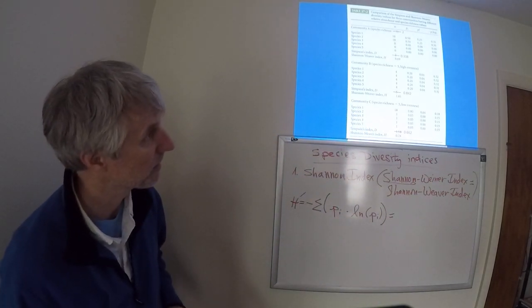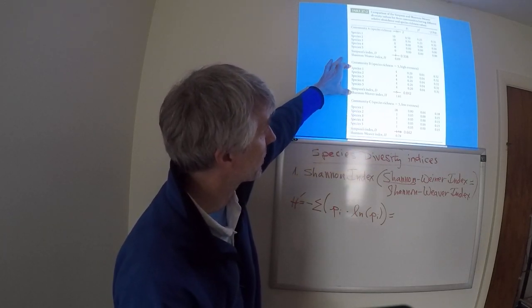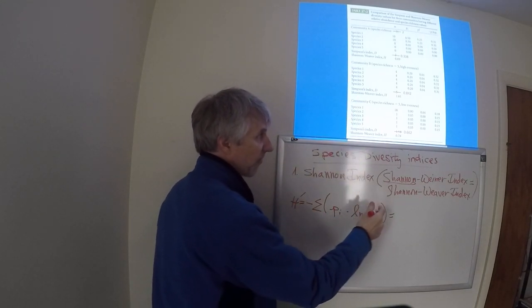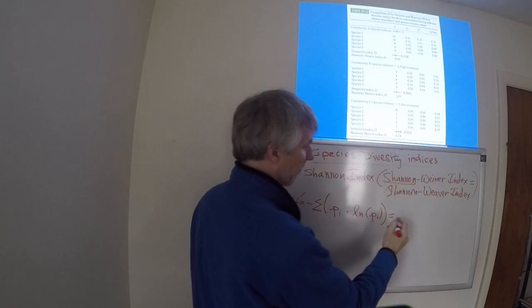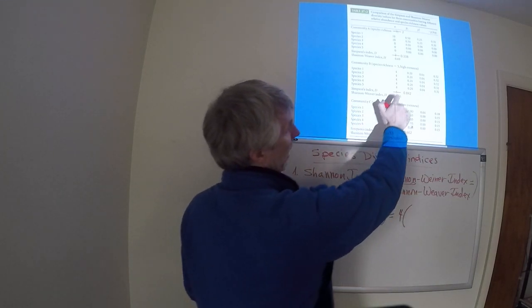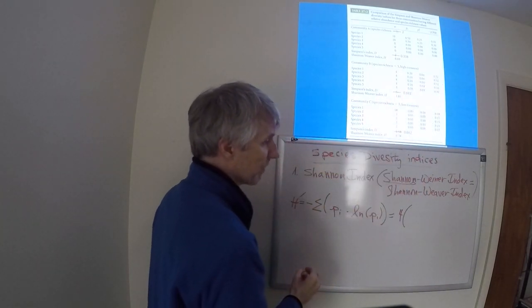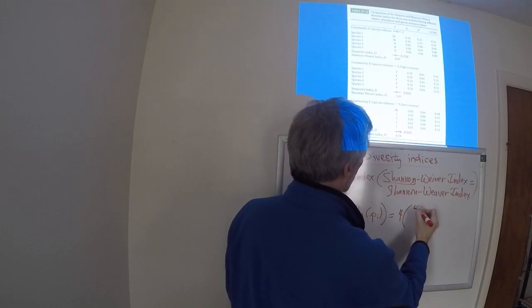Okay, let's take a look at the second community here. This community has 4 individuals for each of the 5 species. So again, each of these calculations will be the same. So this would set up as 5.